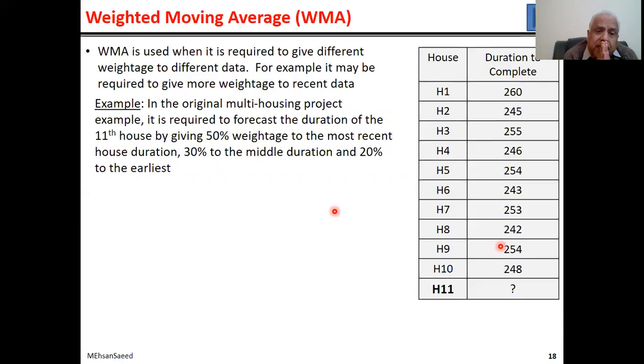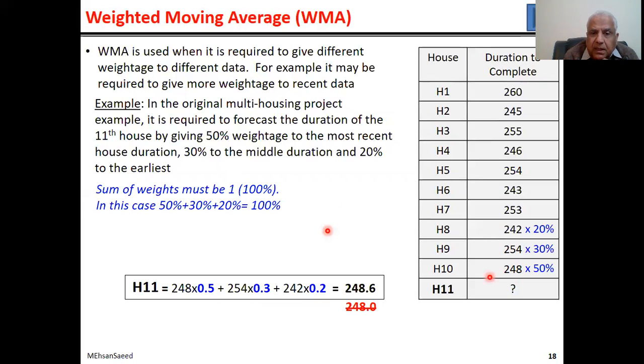However, you may decide that within this k is equal to 3, you are going to give more weightage to the latest and least weightage to the earliest. In this example, you decide that, okay, I'm going to give 50% weightage to the latest, 30% to the one before that, and 20% to the one before that, the earliest.